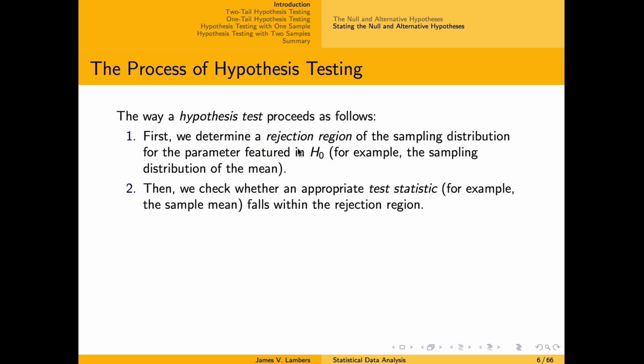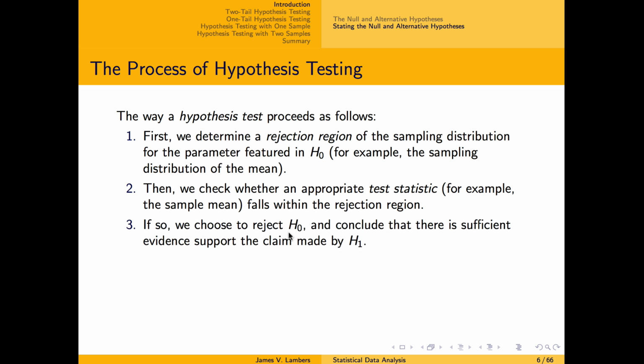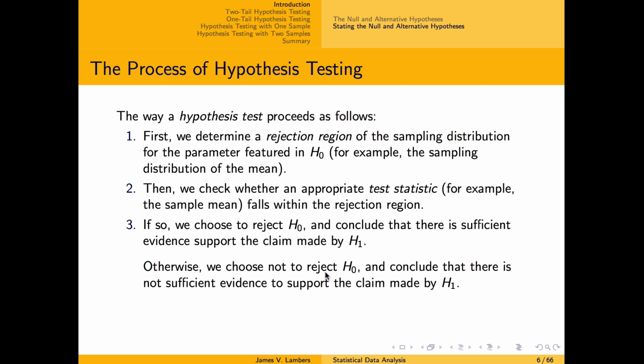Then, we check whether our test statistic, which would be the sample mean in our example, falls within this confidence interval, or does it fall within the rejection region. If it falls within the rejection region, then we reject H0 and conclude there is evidence to substantiate H1. Otherwise, we choose not to reject H0 and conclude that there is not enough evidence to substantiate H1.